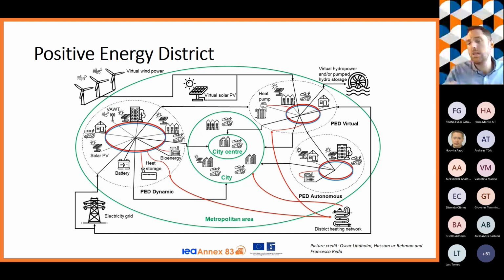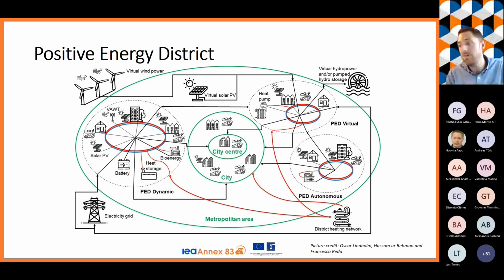Then we can have dynamic, where at a certain moment the energy produced within the boundaries is not enough to cover the demand of that district, so we need to get it from the grid. But at other moments there is a surplus, so we build up this cash that we can then take back from the grid when needed, still having a positive energy balance.